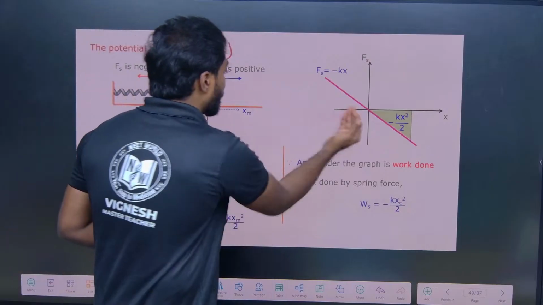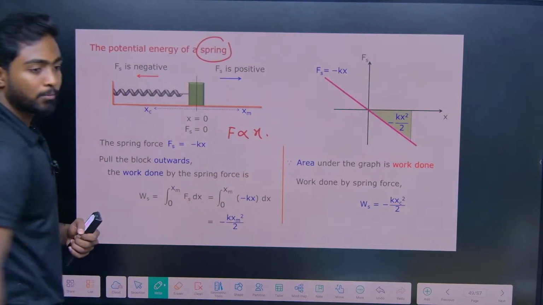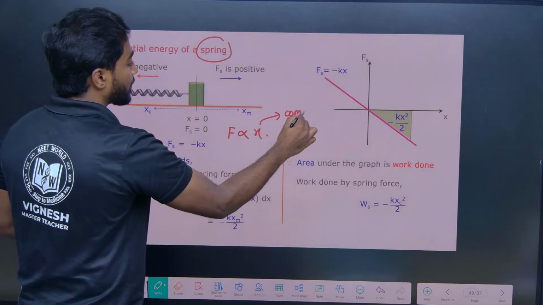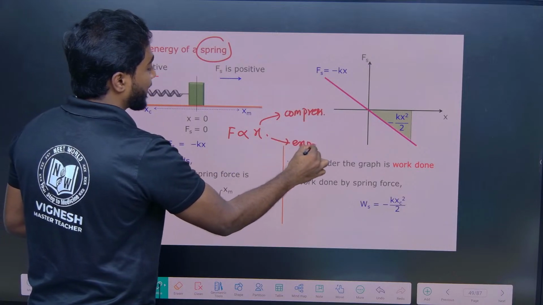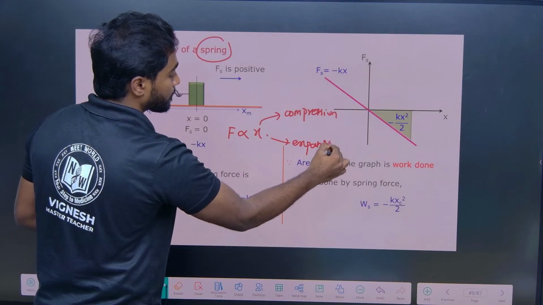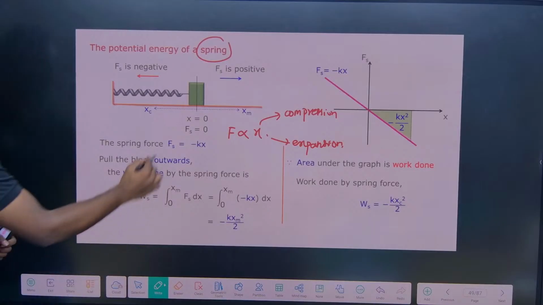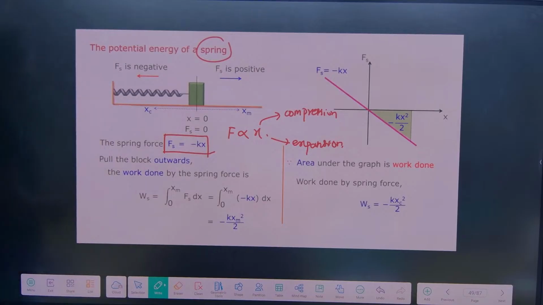So F is directly proportional to x, where x is the compression or expansion. The formula of the spring force is F = -kx.